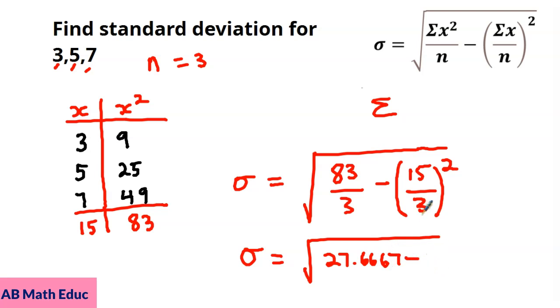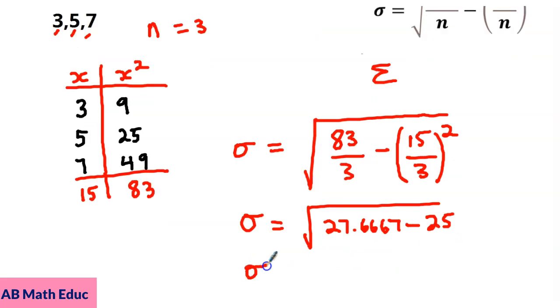Minus 15 divided by 3, which is 5. 5 squared is going to be 25. So we subtract, and we got 2.6667. And then we take the square root of it, and that will give us 1.63 to 2 decimal places. The same thing as we got from the calculator.